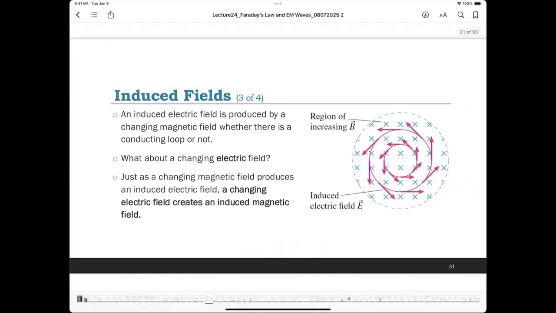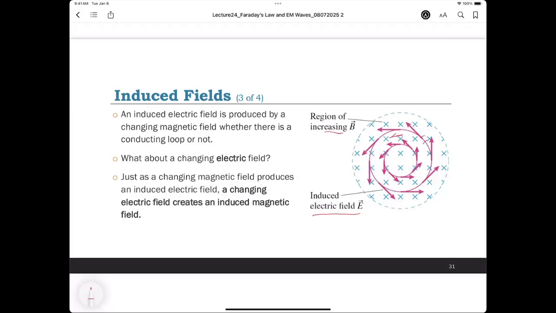Here, this is an induced electric field, E. If there is a changing magnetic field, there must be an induced electric field, even if there is no conducting loop here. Does that make sense to you?